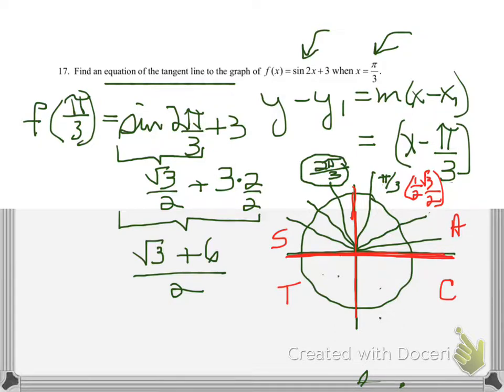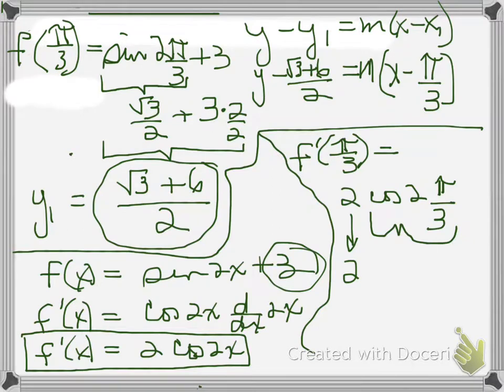Go back over to your reference angle, which is pi over 3, and grab the 1/2, but make it negative 1/2. So cosine 2 pi over 3 is negative 1/2. What happens now is that the 2's cancel, and I'm left with negative 1. Negative 1 is my slope.